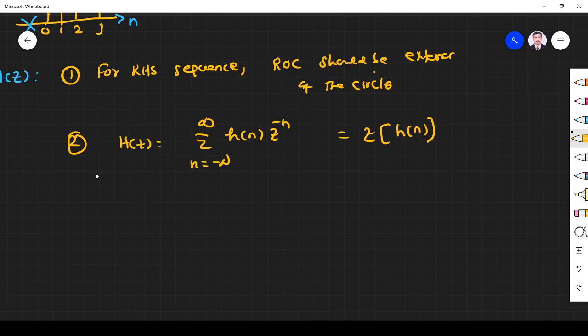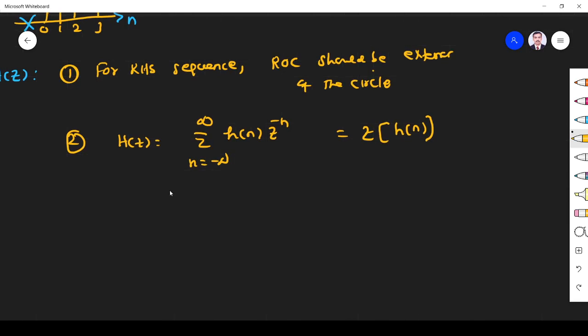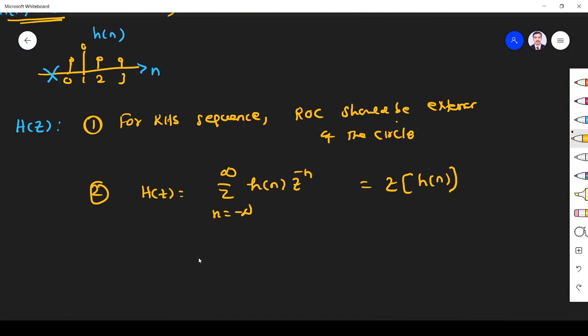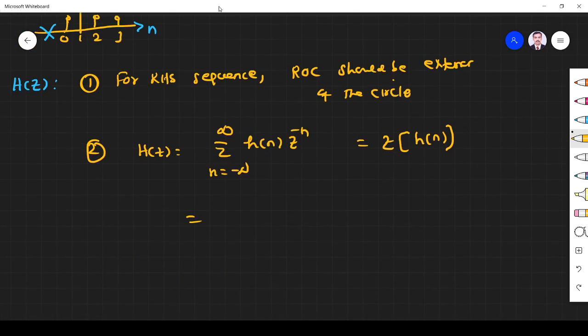So you see that for a causal system, h of n starts from 0 only, so it won't take negative values. For n less than 0, h of n is 0. So my limit will change to n goes from 0 to infinity h of n z power minus n for a causal system.